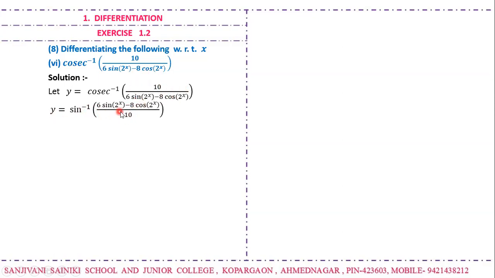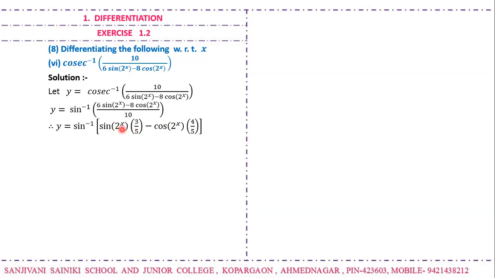We get (6 sin 2 raised to x minus 8 cos 2 raised to x) upon 10. Now we will divide the numerator separately by this 10. So sin 2 raised to x into 3 upon 5 minus cos 2 raised to x into 4 upon 5. After dividing by 10 separately, 6 by 10 and 8 by 10, we got this term. Now here there is a sin inverse, so in the bracket, after simplification, we must get sin(a plus b) or sin(a minus b).